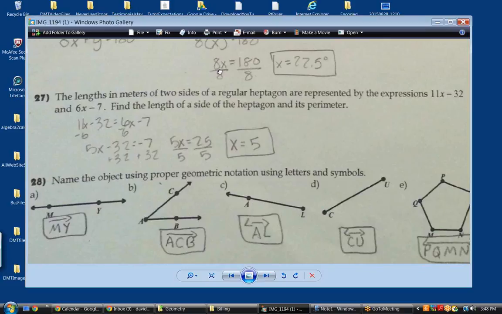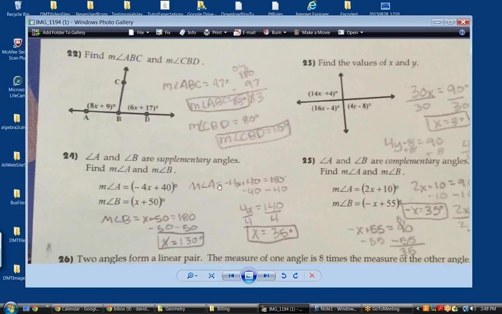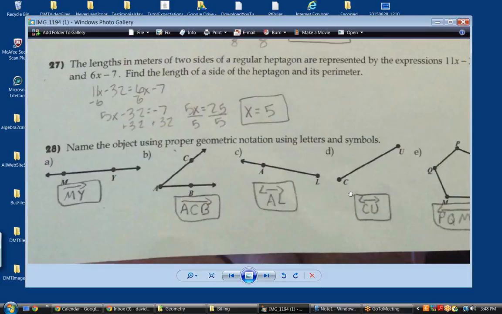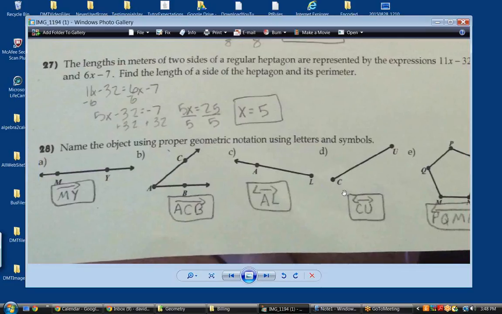Although I think this material, I was told, was not from the book. This is what the teacher handed out. In that situation, you would need to send me a picture of it. But if it's, say, exercises from chapter 1 at the back of the book, then just tell me it's on page so-and-so. We're going over exercises 10 through 18. And then you don't need to send me anything.